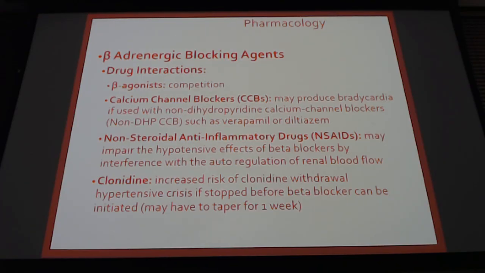If you are suppressing the body's normal regulating system and then you yank one before the other, you have unopposed regulation. Sometimes you'll get more alpha activity or more beta activity, which then leads to the effects of alpha activation or beta activation, depending on which one. So that's why you're trying to taper off that clonidine: you don't just pull it off, you taper it off, stop it first, and then you would do the beta blocker.